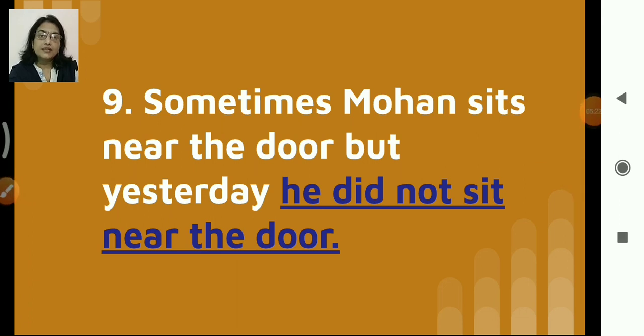Sometimes Mohan sits near the door, but yesterday he did not sit near the door. Sits has changed into sit, isn't it?